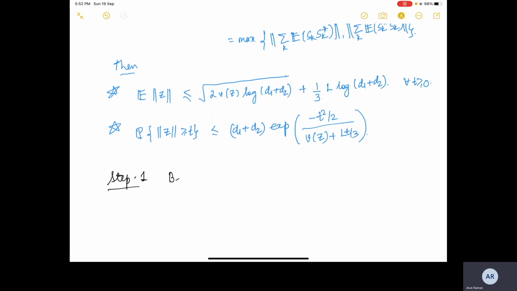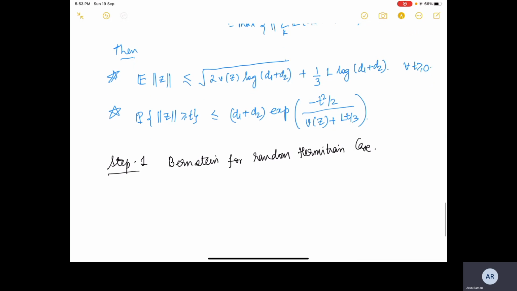Okay. So in the first step, we will prove Bernstein for random Hermitian matrices. Everything else is the same.